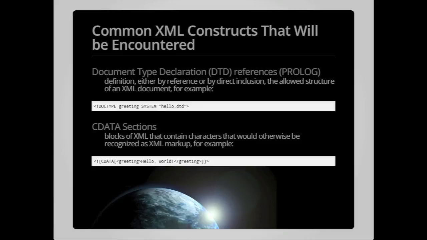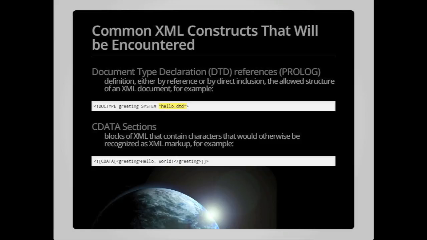So here we see an example of one such document type declaration that includes a reference to a DTD. This DTD could be accessed and used to validate the XML document that this doc type declaration is a part of.